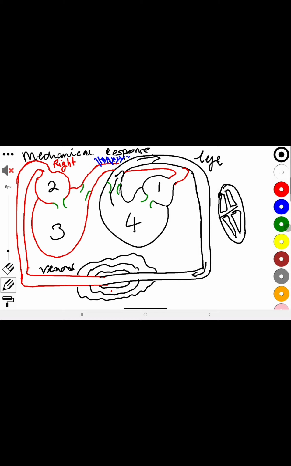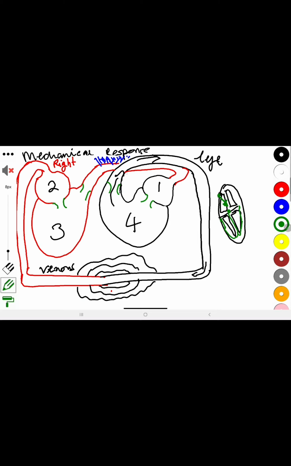Once we have an impulse starting from the SA node, it goes through the atria, then reaches the junction area. Then it goes through the ventricular area and all the way to the base. So we are going to look at the response to the first wave.